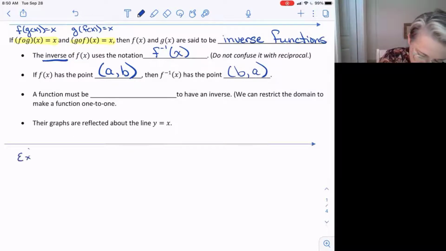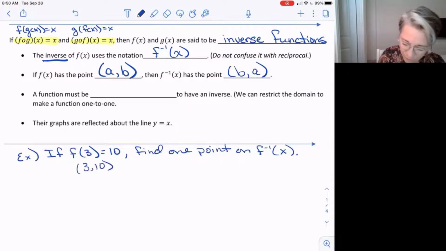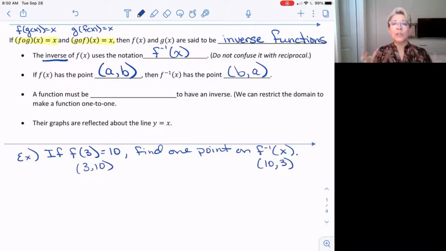Let's say down here, if I said, if f of 3 equals 10, I would ask you to find one point on f inverse. Well, if this contains the point (3, 10), then f inverse would contain the point (10, 3). It's a real easy point or two on a test, but a lot of people miss it.